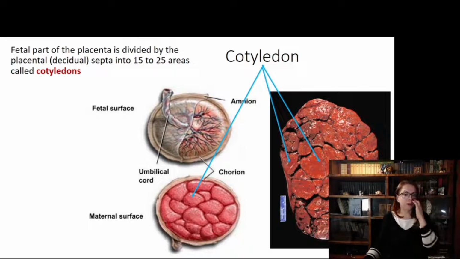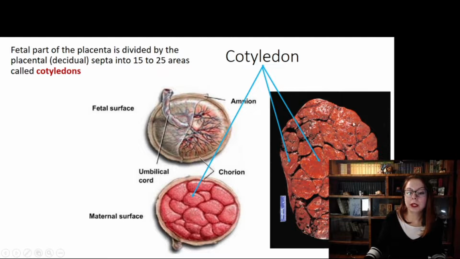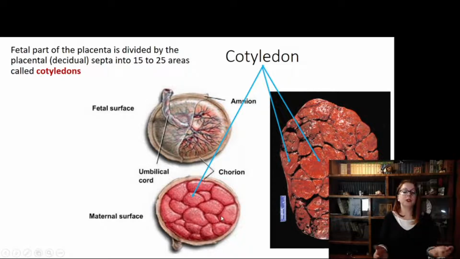Then another term to be understood is the cotyledon. If we look at the fetal part of the placenta, here is the part from the amniotic surface, and here is the surface of the placenta which faces the maternal endometrium.